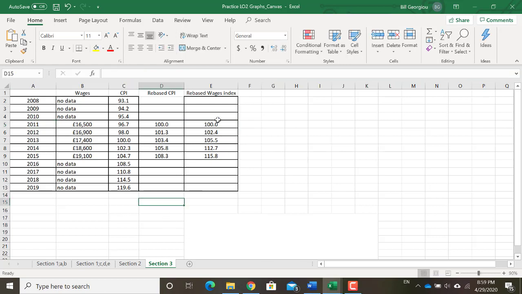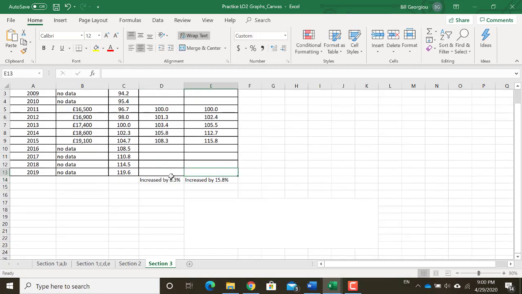What we can say now, using those data, is that the CPI increased by 8.3%. And the wages have increased by 15.8%. What does that tell us?